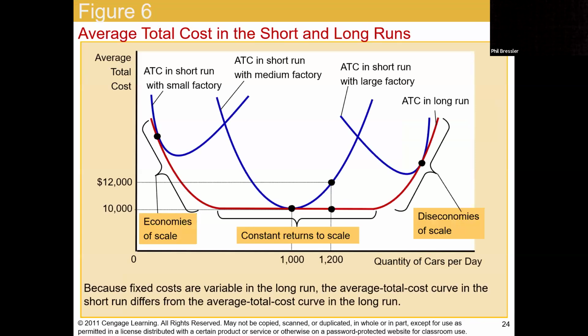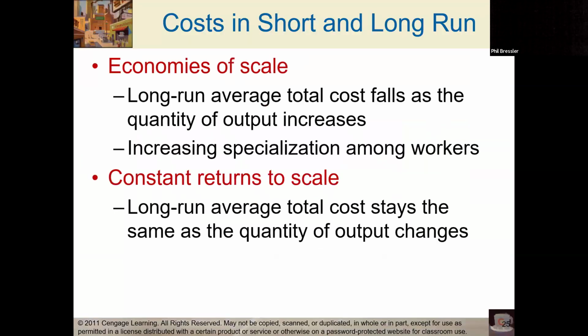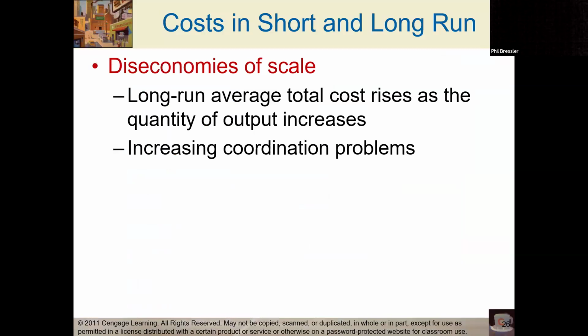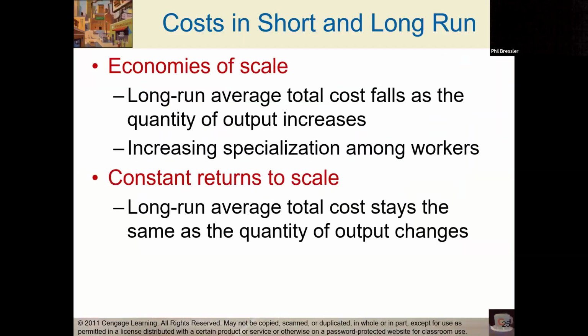Okay, economies of scale. Just remember, on the first part, ATC is downward sloping. Average total cost falls as output increases due to specialization. Output increases, ATC decreases.